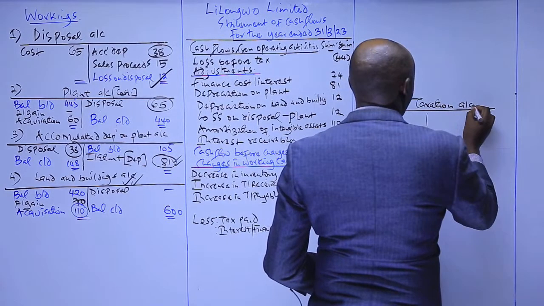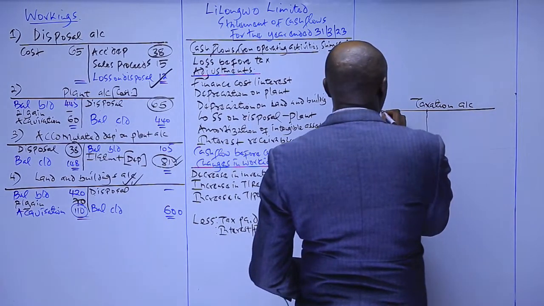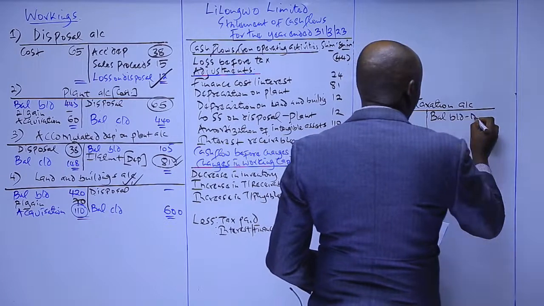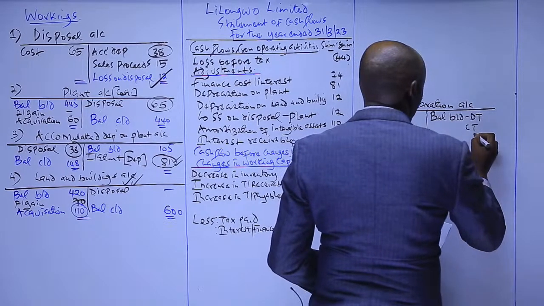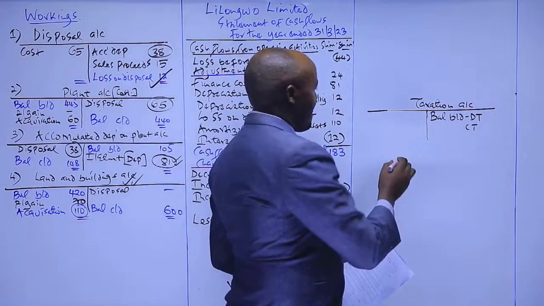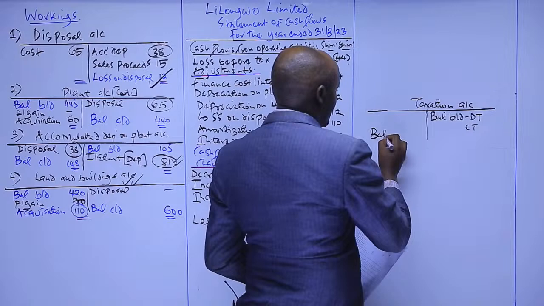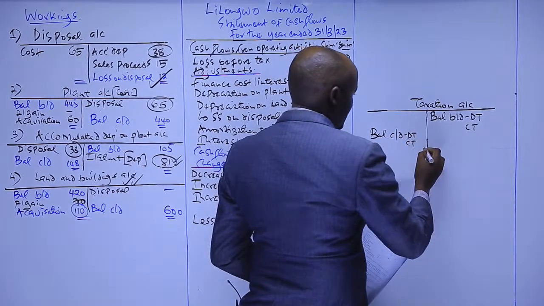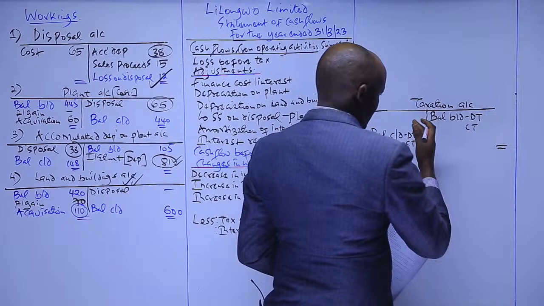In this account what we record is the deferred tax at the start, the current tax at the start of the year, and also we record the same at the end. The deferred tax, current tax at the end.